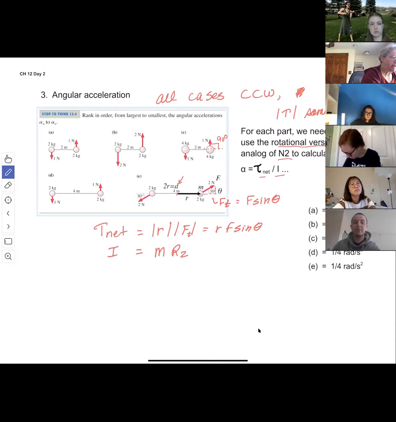Now I wrote tau net here, and I forgot one thing, because that force is applied twice, one on each end. So I forgot my 2. And then the moment of inertia, since I have both of those balls to take care of, I need a 2 here.